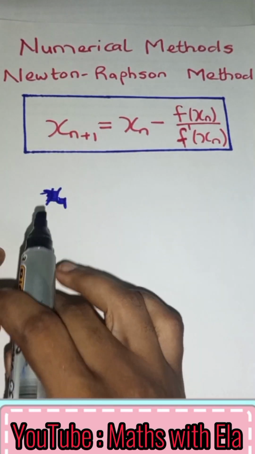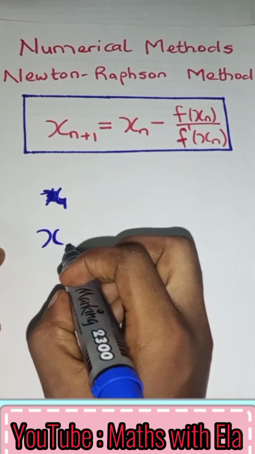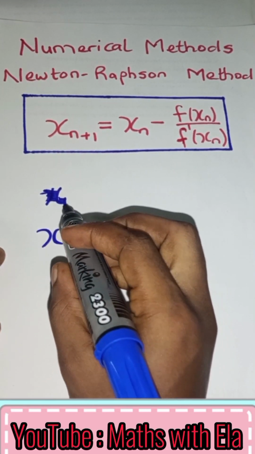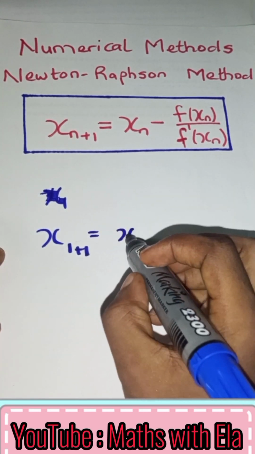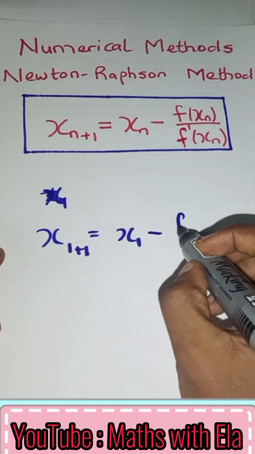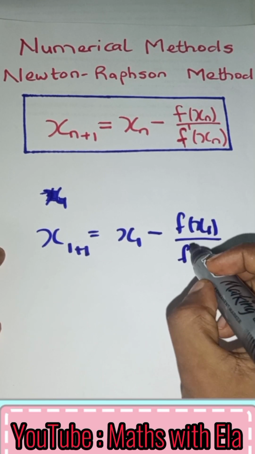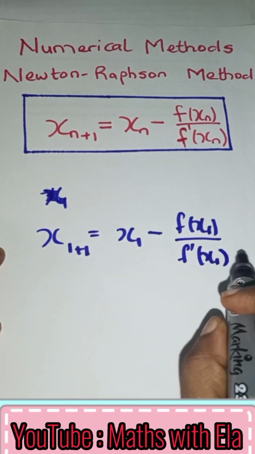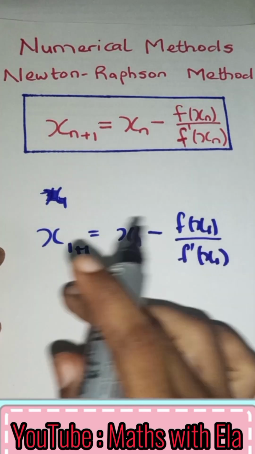If we have x1, then in order to get x2, we have x(1+1), since our first approximation n is 1, equal to x1 minus f(x1) over f'(x1). In this way, we get x2.